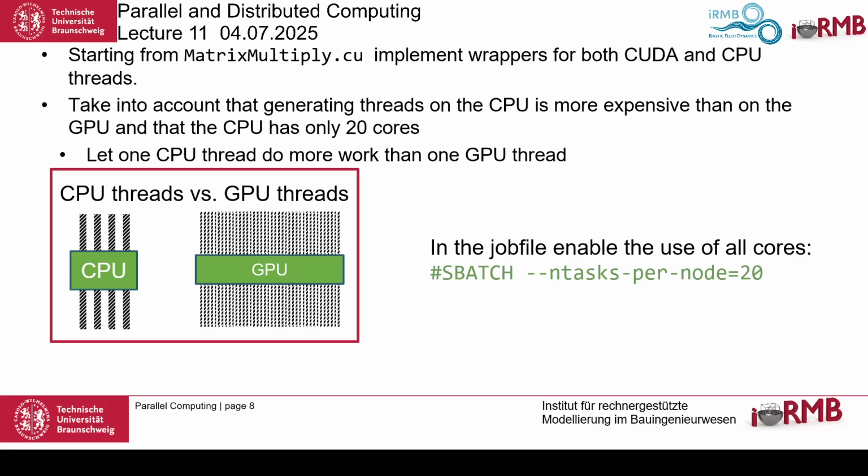You should be aware that threads in the CPU and in the GPU work very, very differently. So I briefly talked about this context switching between threads on the CPU. Do you remember? So what happens if a thread on the CPU switches its context?